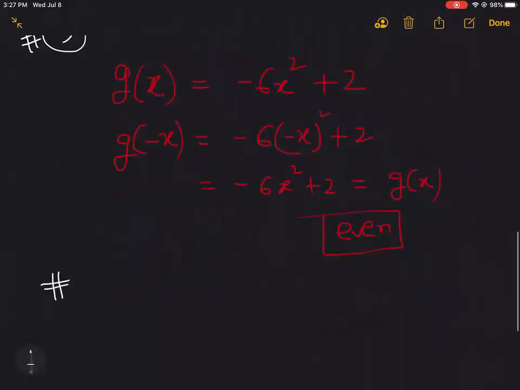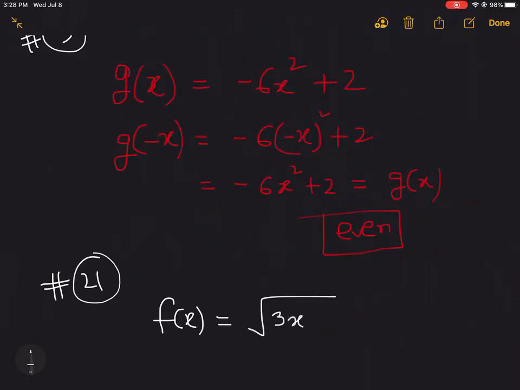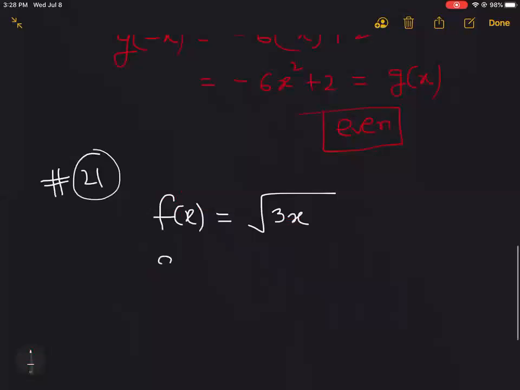It's number 21. f of x is, what is that? Okay, square root of 3x, and g of x is 5x minus 8. 5x minus 8, right?